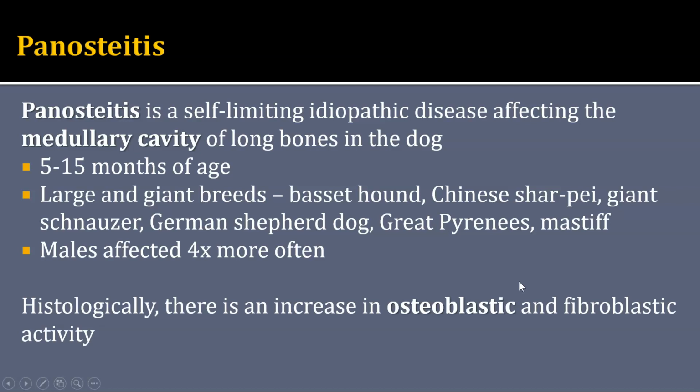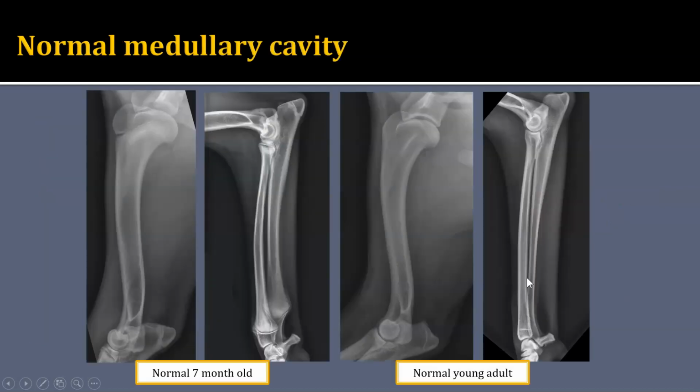Now, interestingly, although the disease is called panosteitis, this is not an inflammatory disorder. Histologically, there's an increase in osteoblastic and fibroblastic activity. This also is of unknown etiology. Perhaps this might have a viral etiology, but maybe metabolic or genetic, possibly endocrine dysfunction, or maybe even autoimmune. So again, not known, but some mechanisms proposed.